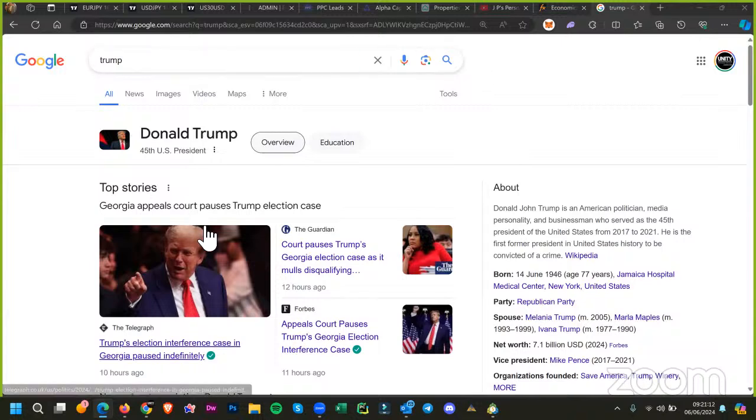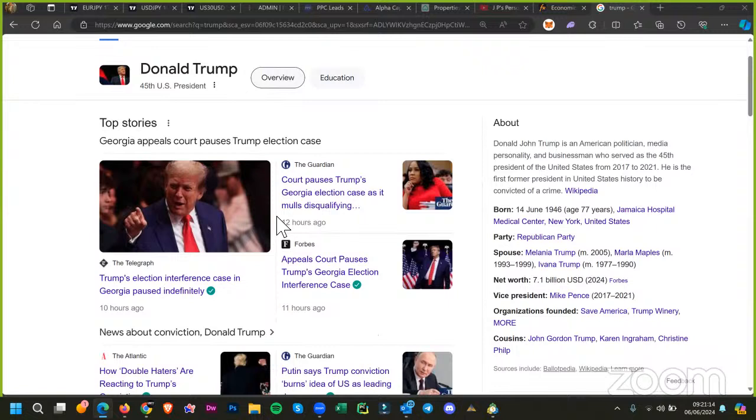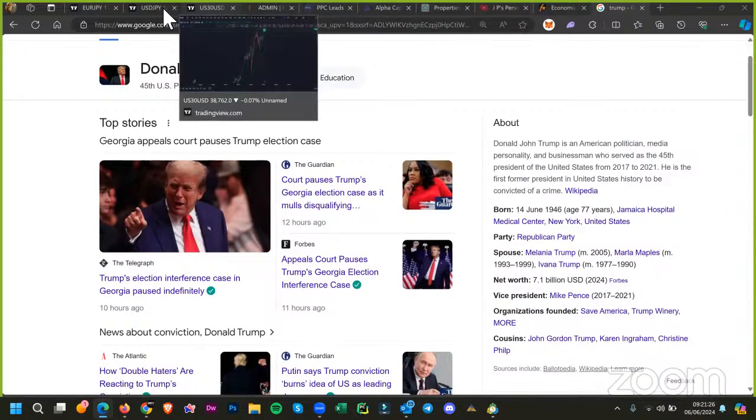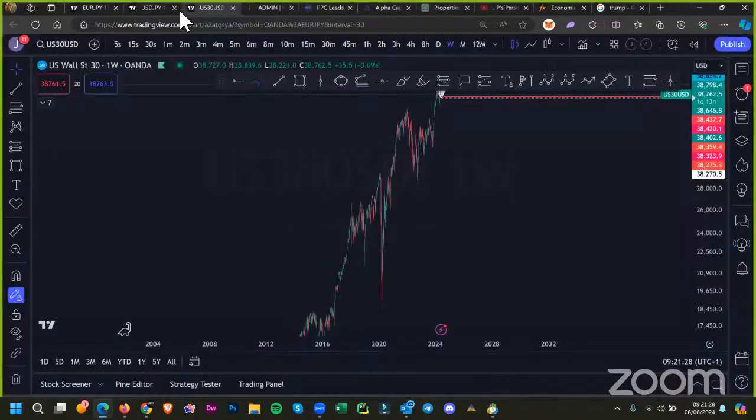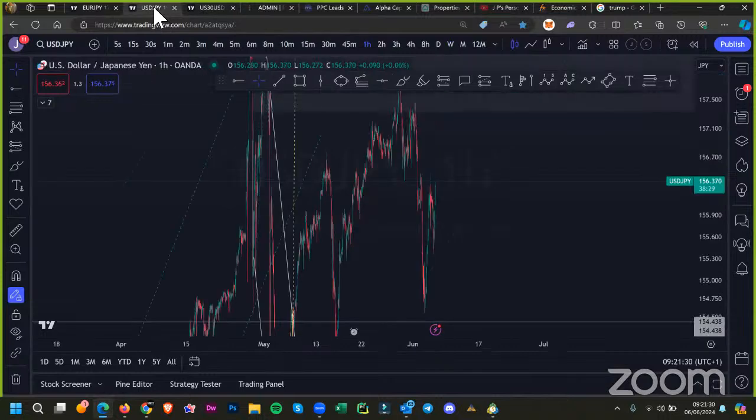Guys, we've seen about Trump. You know, Trump's been indicted, convicted. I don't think this is a good thing for the United States dollar personally. I think it makes them look weak. And he's going to appeal it anyway, and he's probably still going to run anyway.